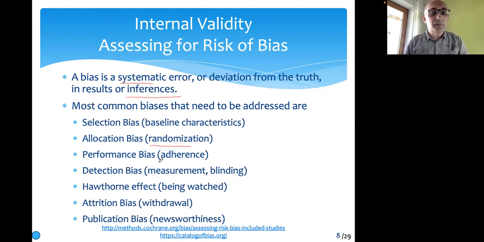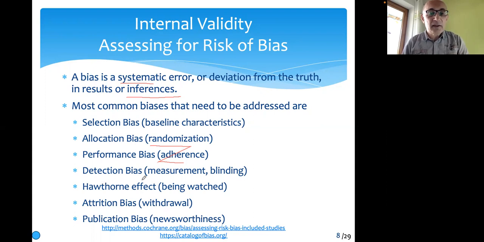So we have to be also careful when looking whether there is equal adherence in the different groups. Here we have discussed before, and we will also do some practice about the intention to treat analysis.